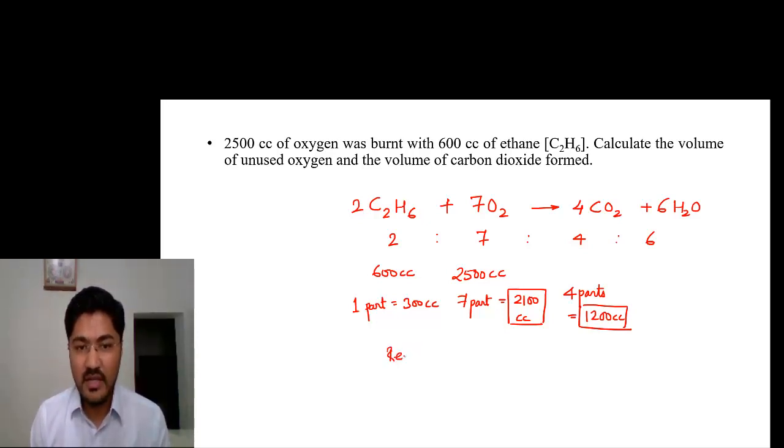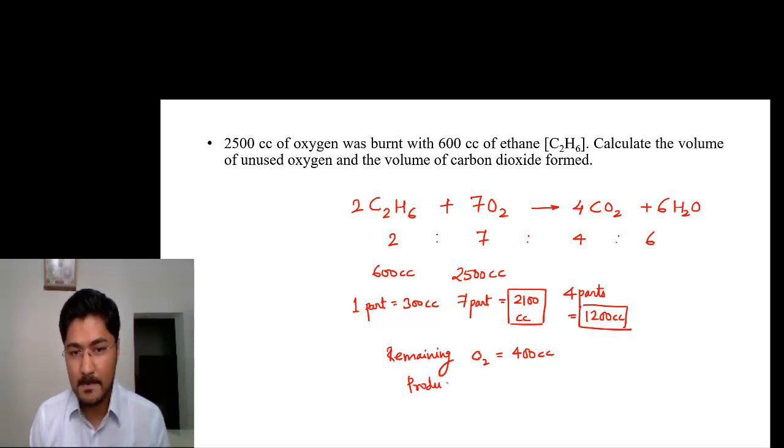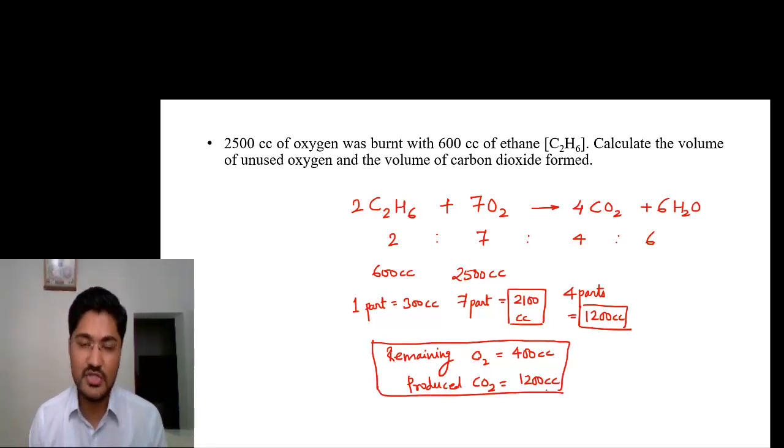So the remaining oxygen would be 400 cc, that is, residual oxygen will be 400 cc, and the produced CO2 will be 1200 cc. That's the entire solution for this question. Now let's see the next question.